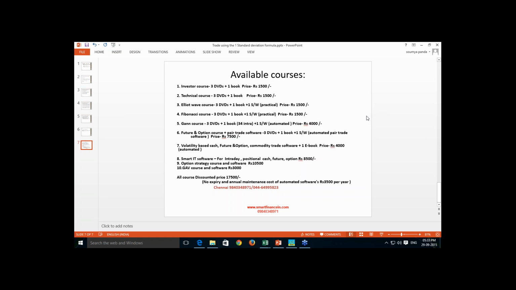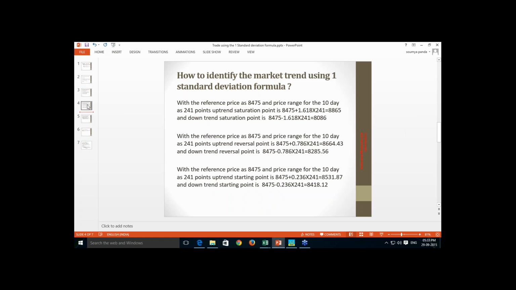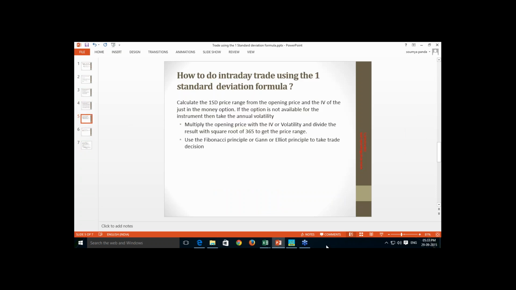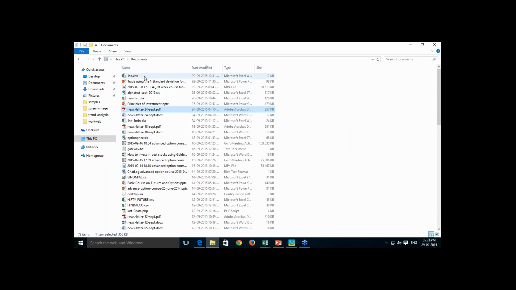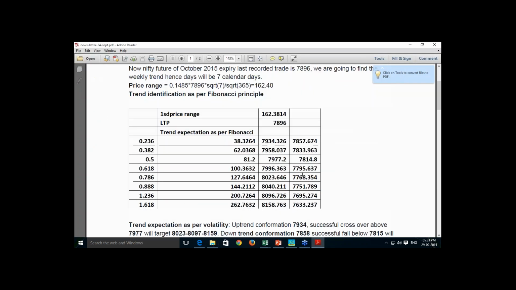So now moving to the next part, how we can utilize this one standard deviation formula for taking some option strategies or initiating some option trades. If you are a weekly trader, relying on these weekly levels, just to give the example here, on 24th September we have estimated these levels.